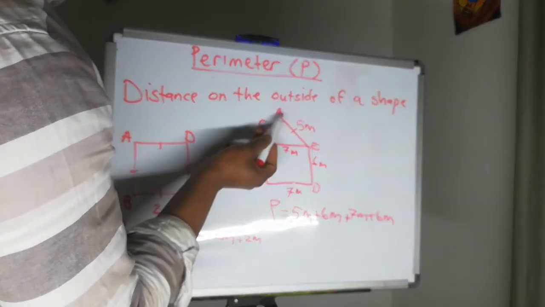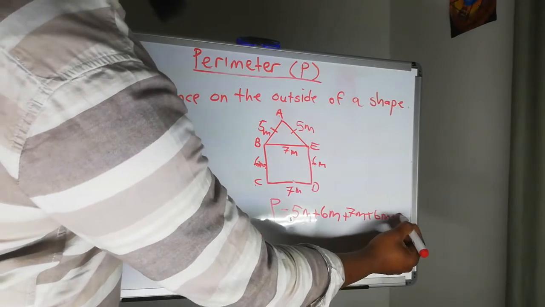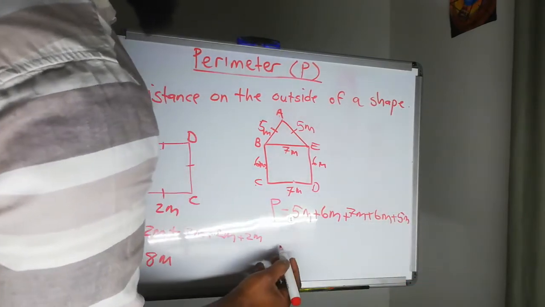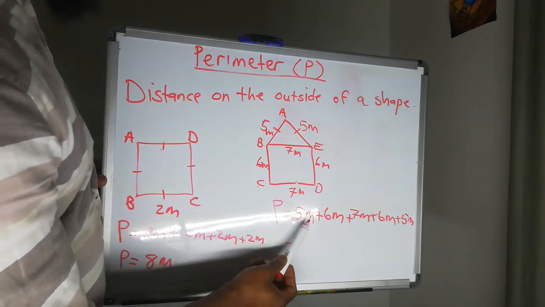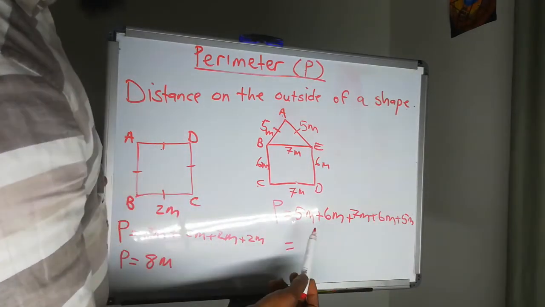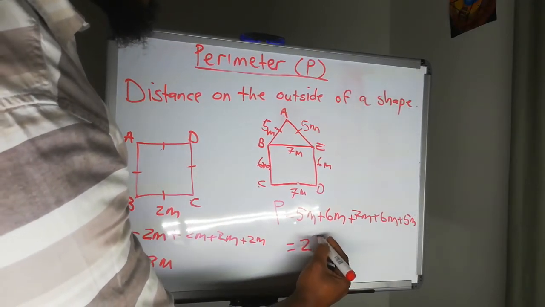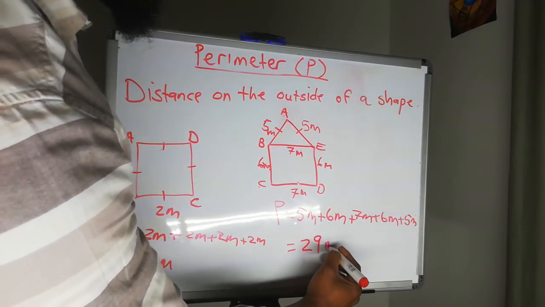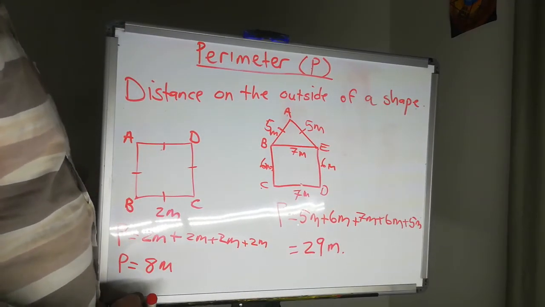And from E to A, which is our original starting point, is going to be 5 meters. And this will give me a distance of 11 plus 11 is 22, plus 7, which is 29 meters. And that is the distance that we have moved.